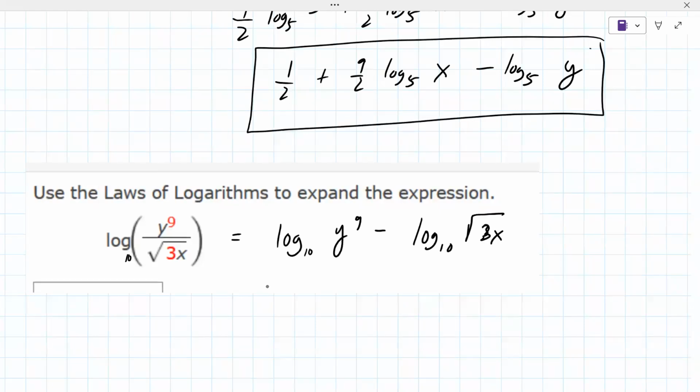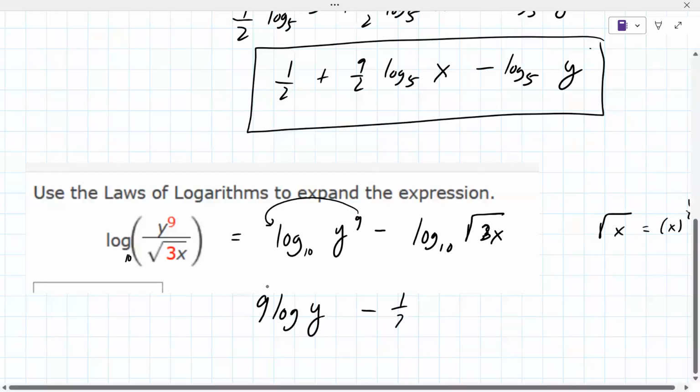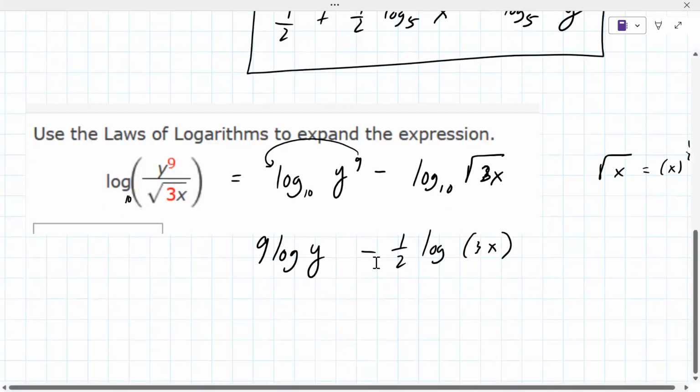All right, and then we're gonna bring this exponent out in front. So it's 9 log y minus this root is really a 1/2 power. So you can bring that 1/2 out in front, log of 3x. And this is the classic exam question here where you have to remember that when you break apart the 3x, that negative 1/2 goes to both.